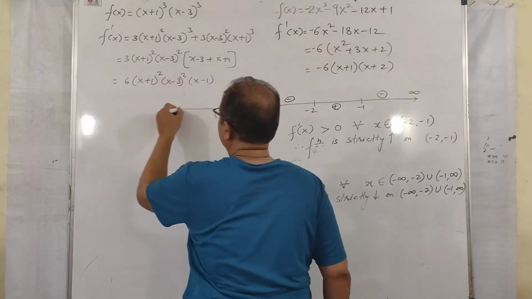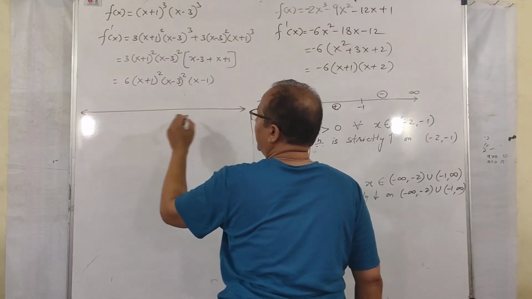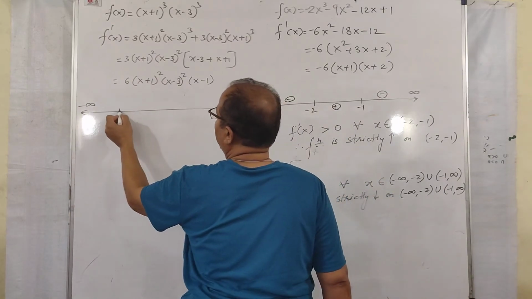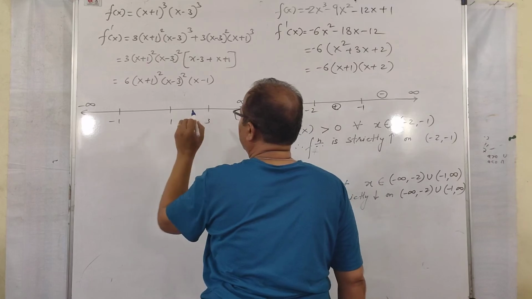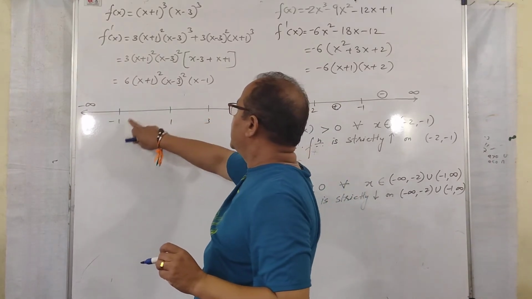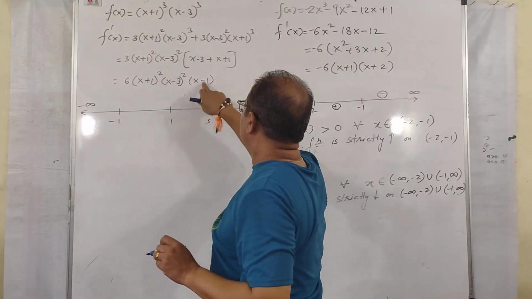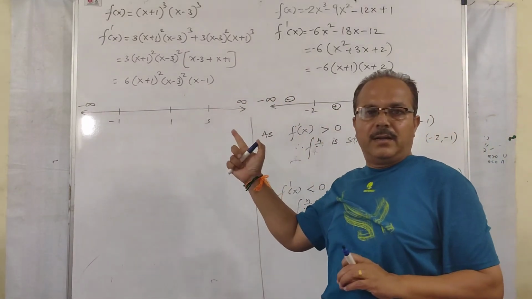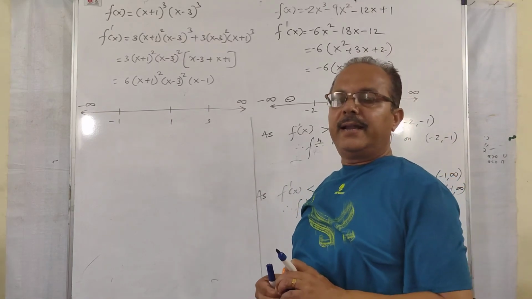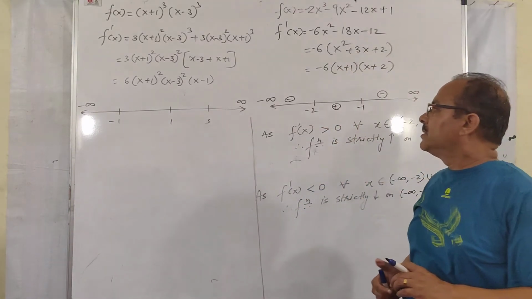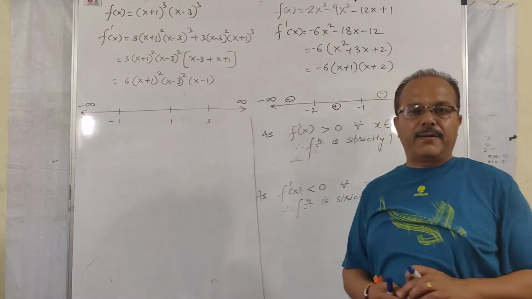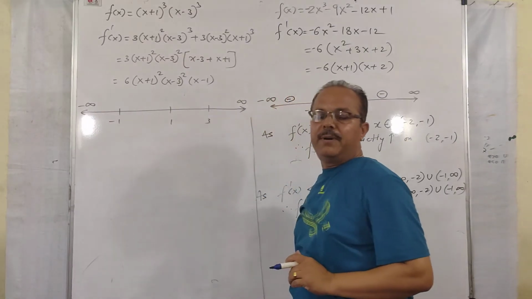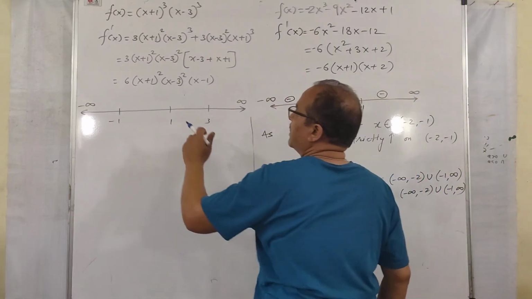Now let's use the number line to check at what points f'(x) will be positive and at what points f'(x) will be negative. So the zero of x plus 1 is -1, the zero of x minus 3 is 3, the zero of x minus 1 is 1. So in this way we have our polynomial. The derivative has divided the number line into 4 different intervals. Let us take -2 between -1 and -infinity.